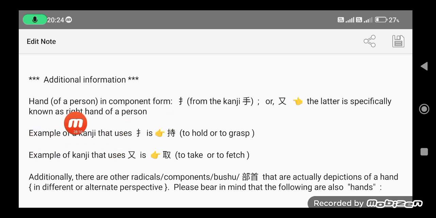Please be familiar with the appearance of the radicals. These are just examples of radicals or components. This radical is a hand from the kanji te.